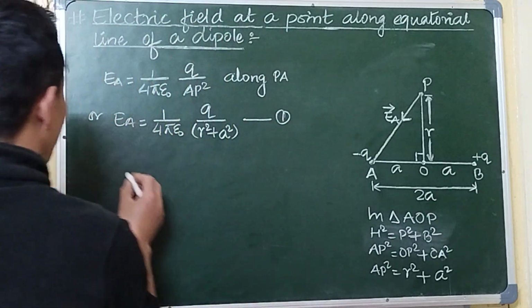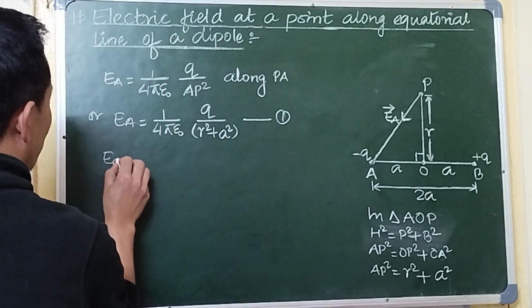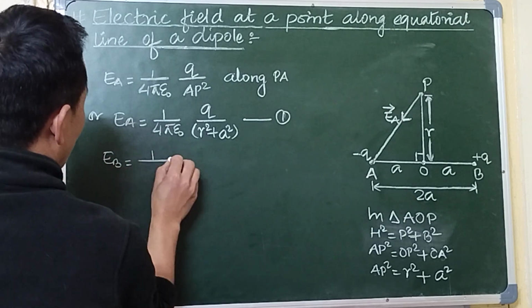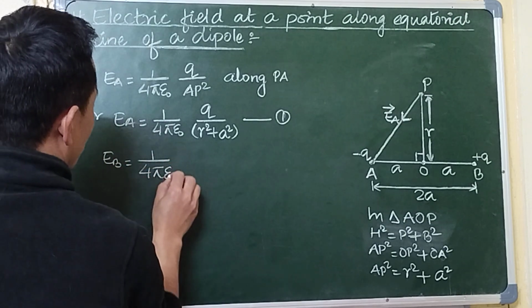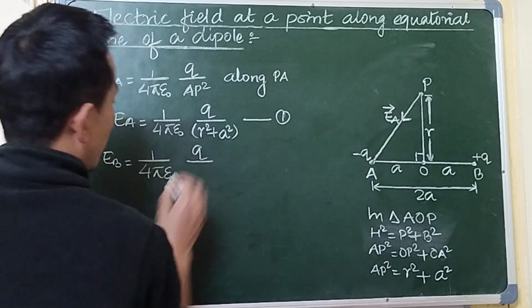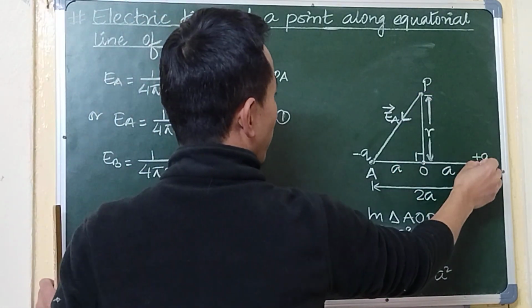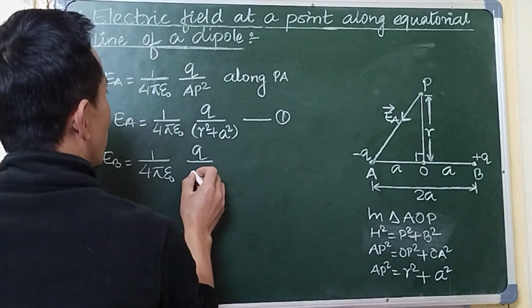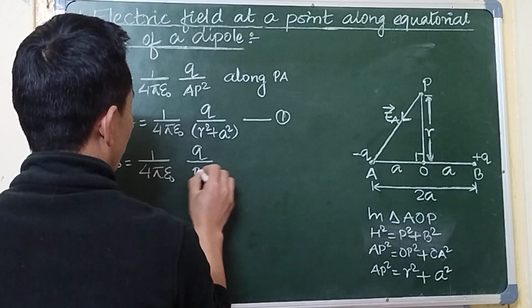So that electric field we can write as EB equals 1 by 4 pi epsilon naught Q divided by, now the distance between these 2 points is PB, or you can write BP.